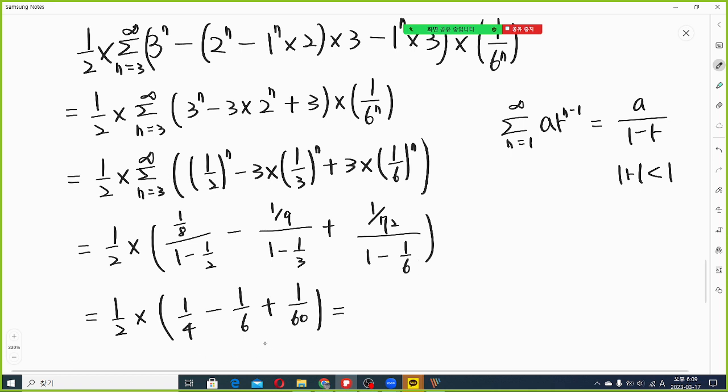Yeah, can you add these three fractions? Yes, you have added these three fractions. Let me see this.